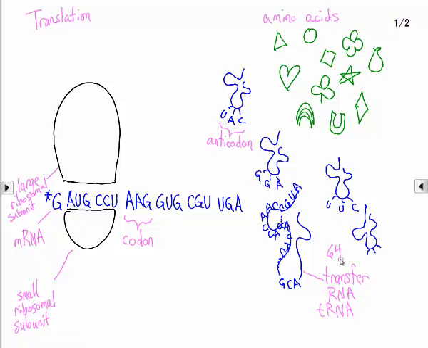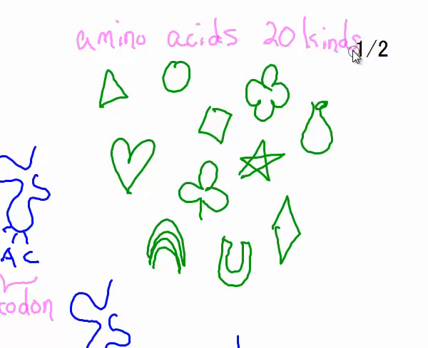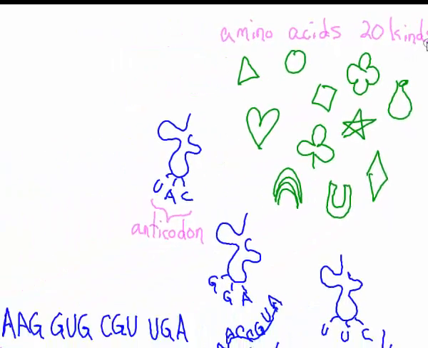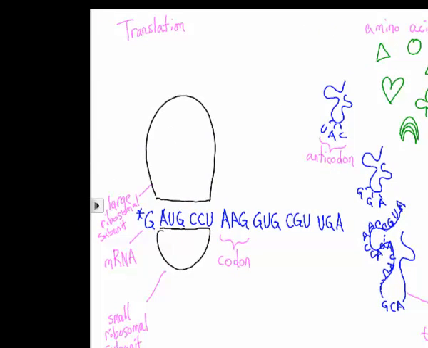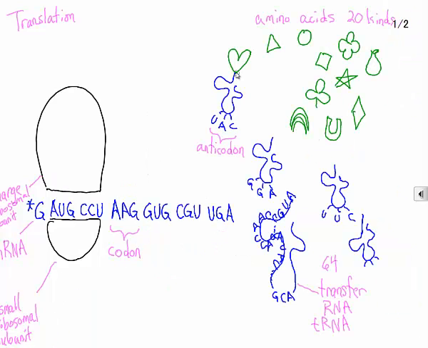Now because there's only 20 kinds of amino acids, it turns out that different transfer RNAs can pick up and combine with these amino acids. Say, for example, the transfer RNA that has the anticodon UAC binds to, pick your favorite amino acid, let's say it's the heart-shaped amino acid.